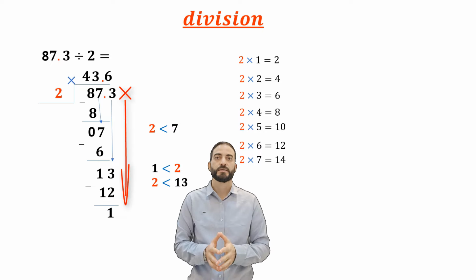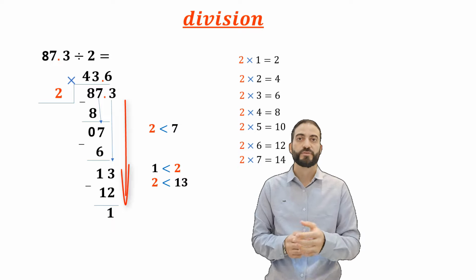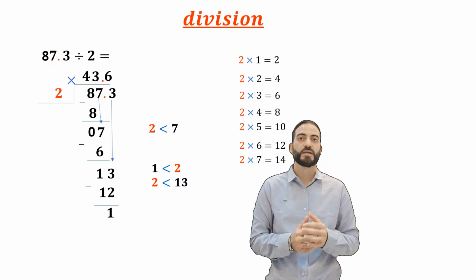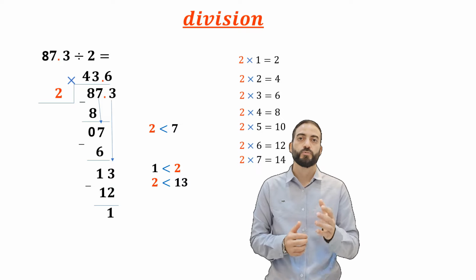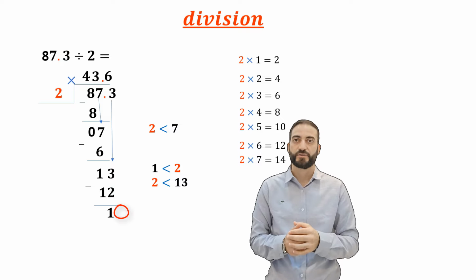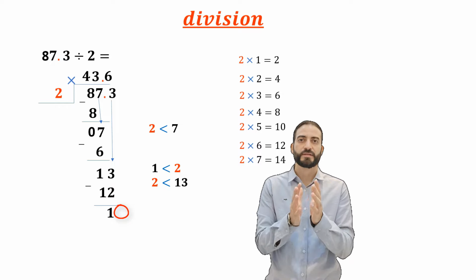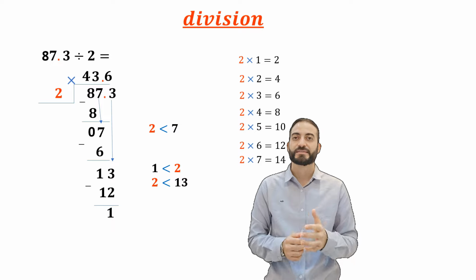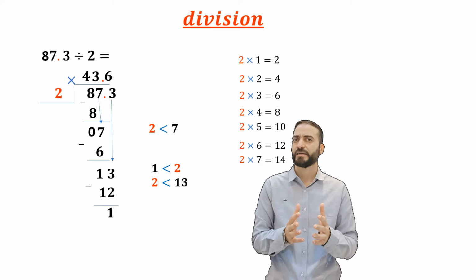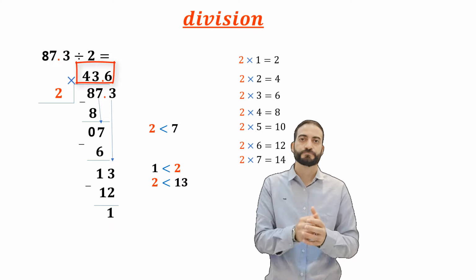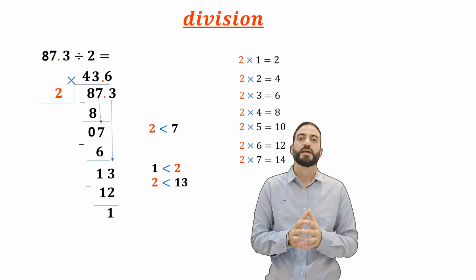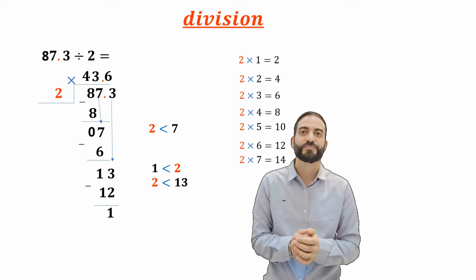But in this case, we can also complete the process in this way. We always have the right to put 0 here when the remainder is smaller than the divisor, but when we do this, it is certain that there is a point in the quotient. So the quotient becomes a decimal number.